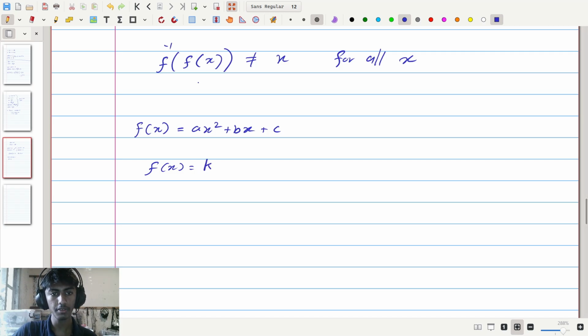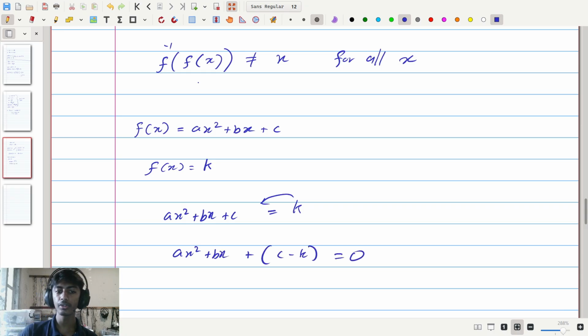If we want to find f(x) equals k, and we want the inverse function of this, well, from the quadratic formula, we can solve ax squared plus bx plus c equal to 0. So if we want ax squared plus bx plus c equal to k, we take the k to this side and say ax squared plus bx plus c minus k equal to 0.